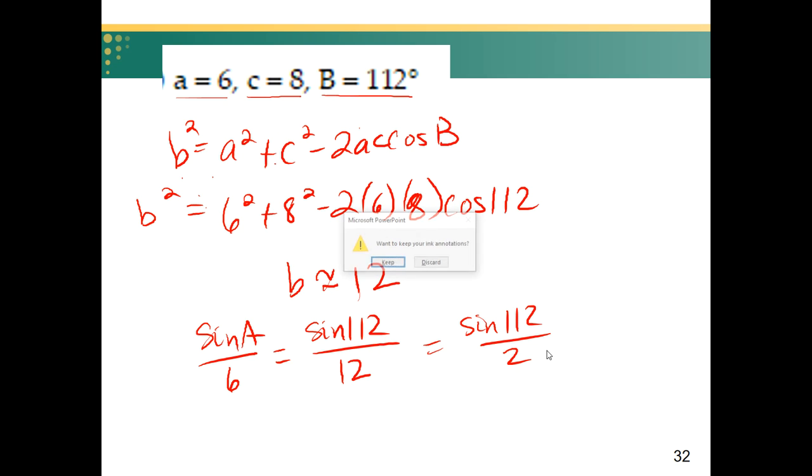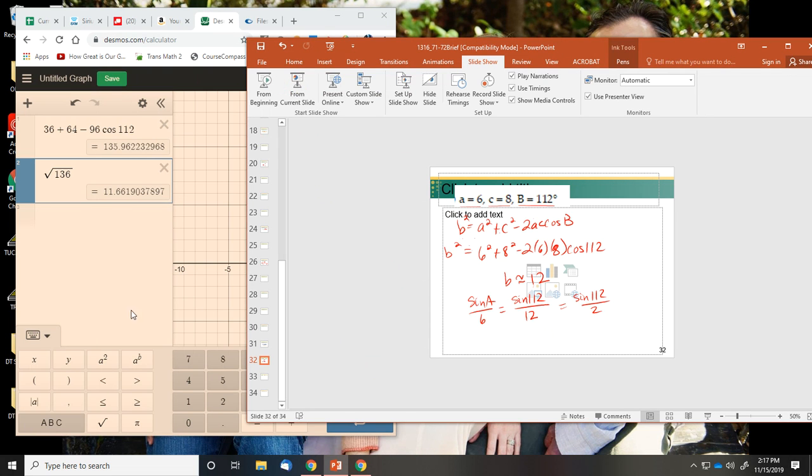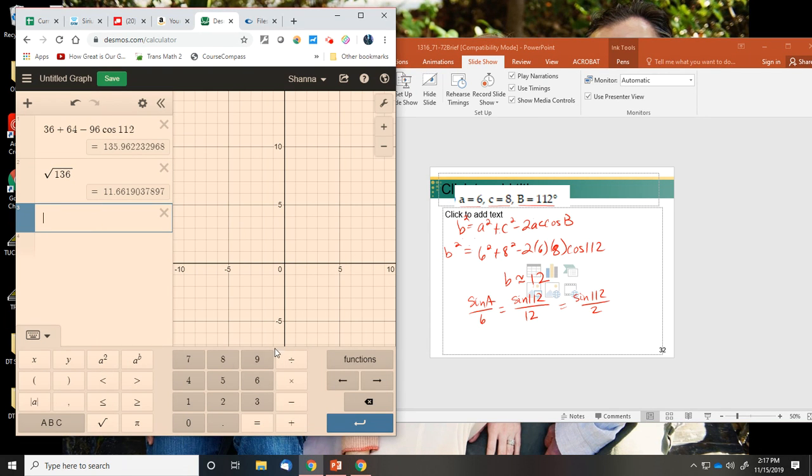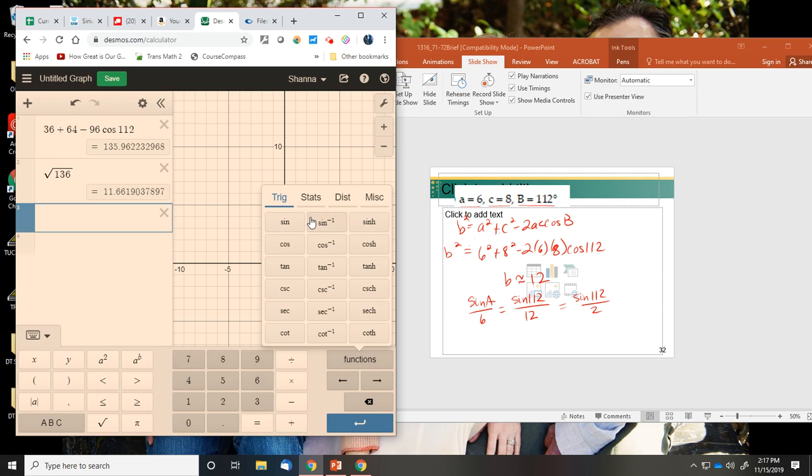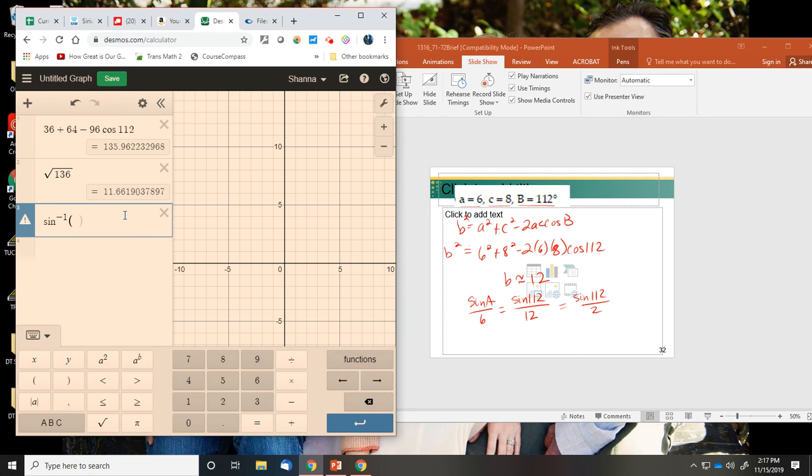So we take the sine inverse of that, and we get 28.